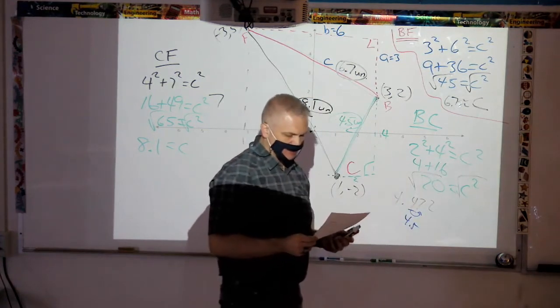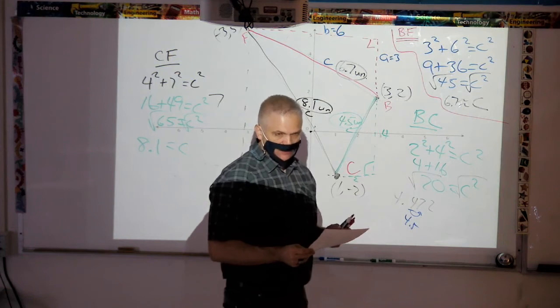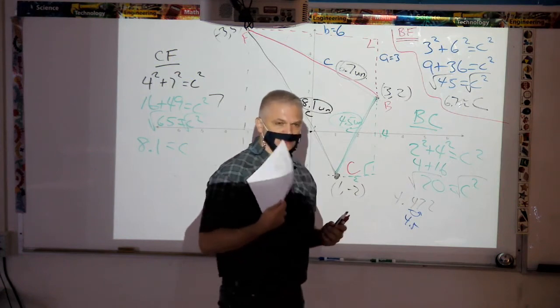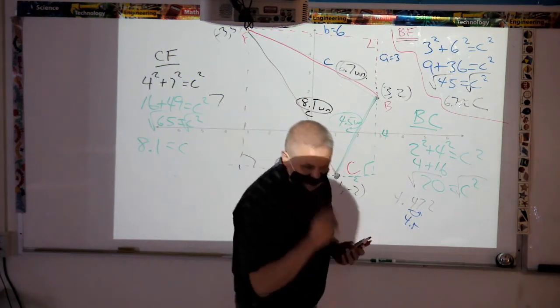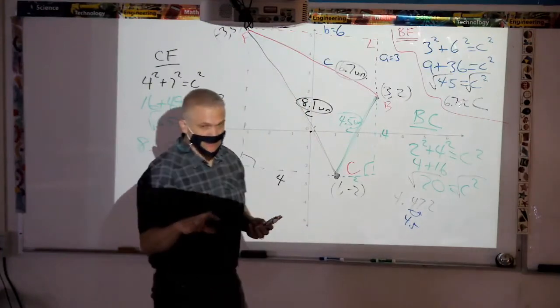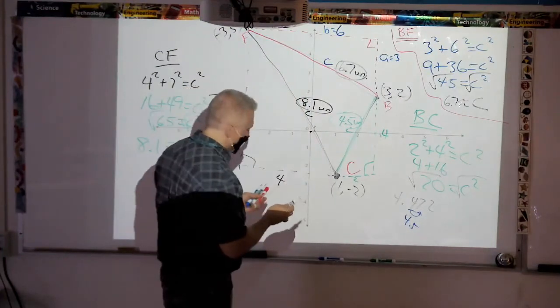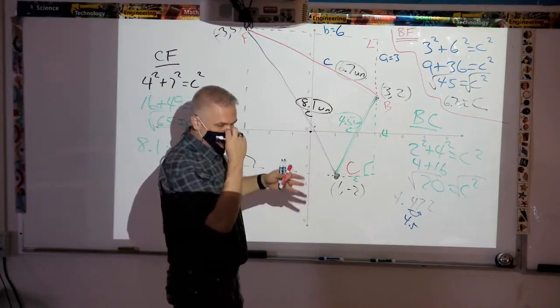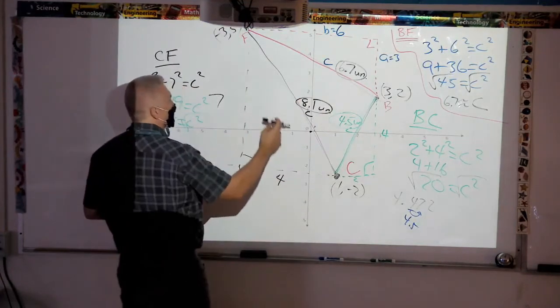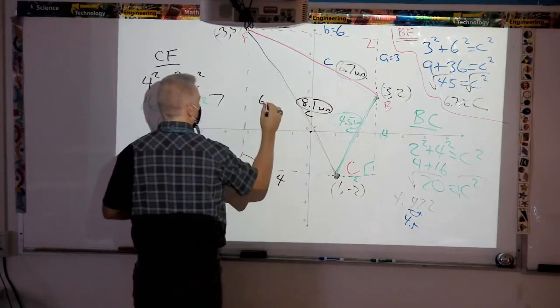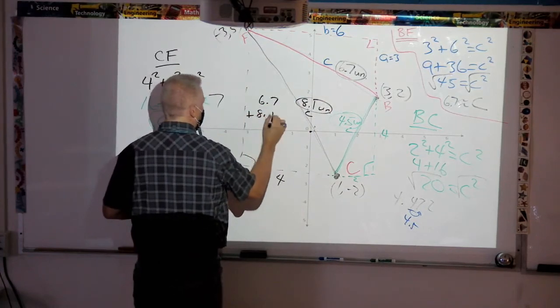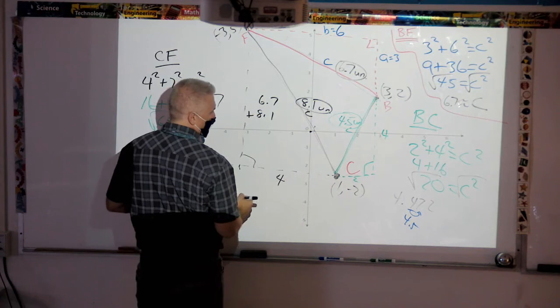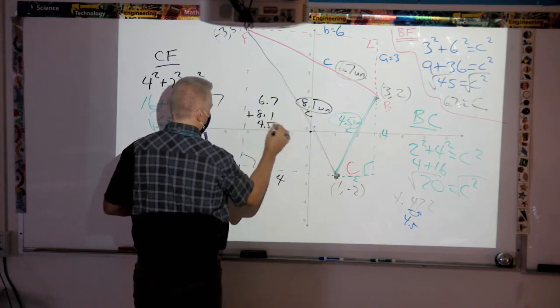And now it says step 3, perimeter equals the sum of the sides. Sum means you add them. So all you do to find the perimeter of your property, if you had a triangular piece of property, you would add 6.7 plus 8.1 plus 4.5.